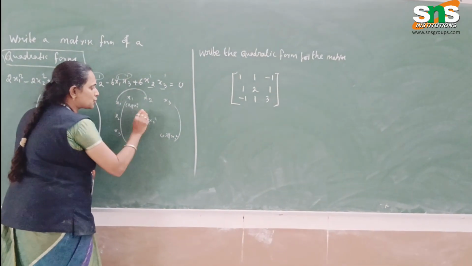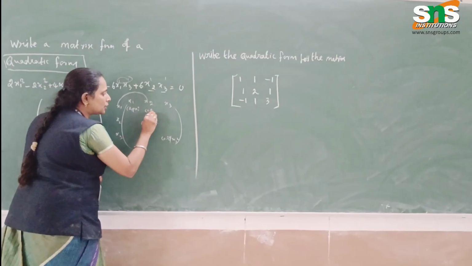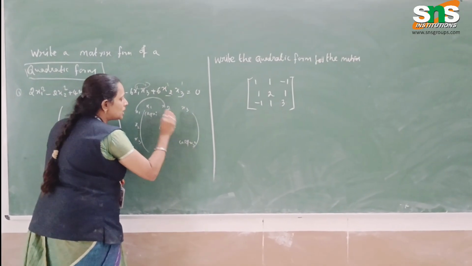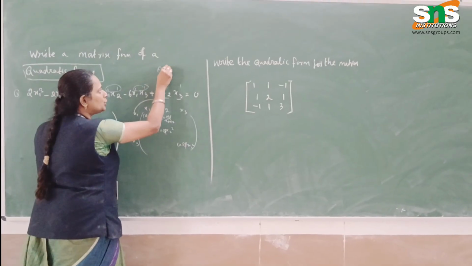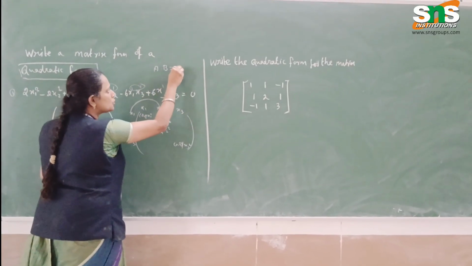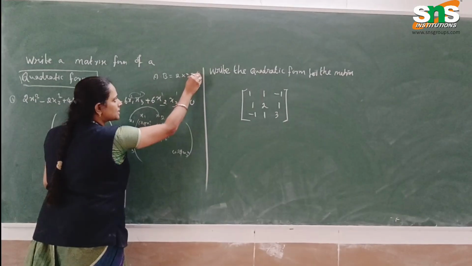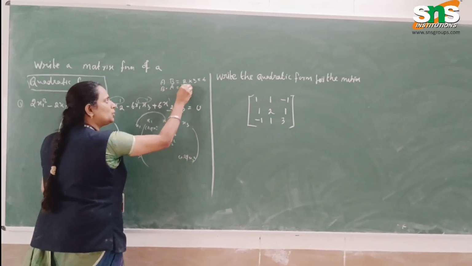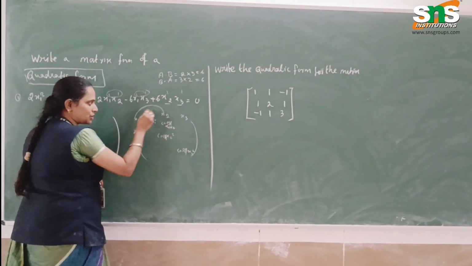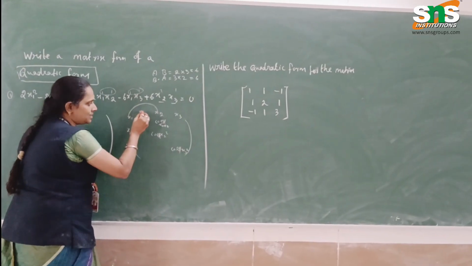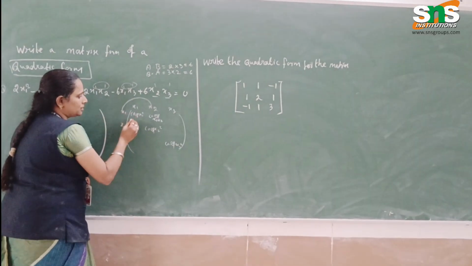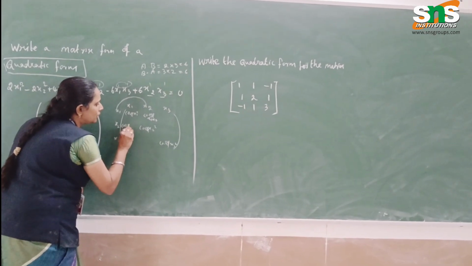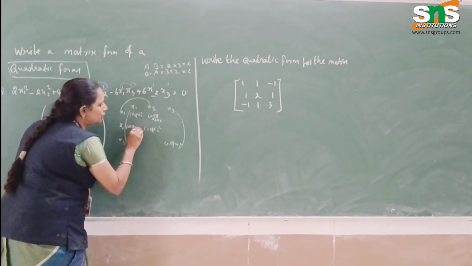Here x1 into x2, that is the coefficient of x1 x2. Here a into b is 2 into 3, the answer is 6. Similarly, b into a, 3 into 2, is also 6. So x1 into x2 is the same as x2 into x1, so the coefficient of x2 x1.